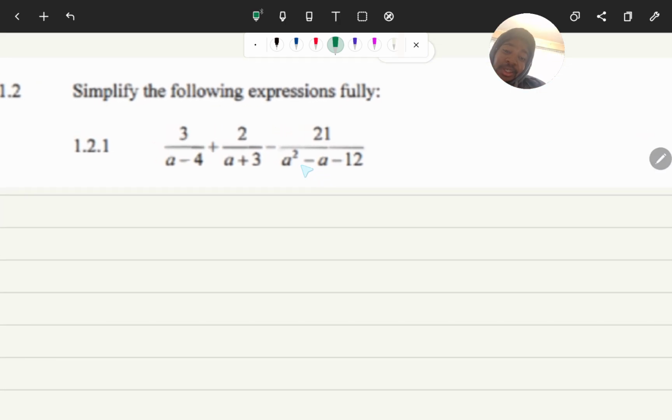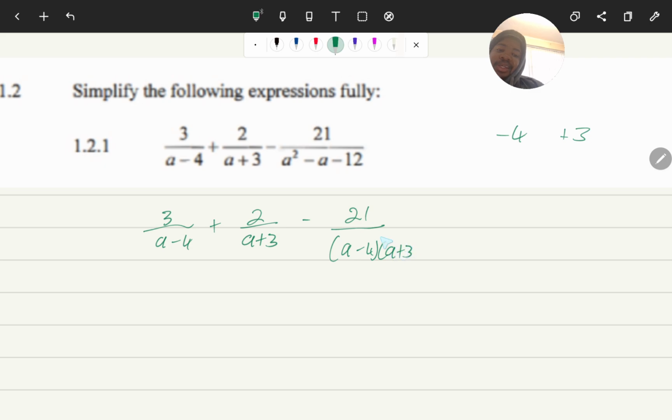Before, maybe I want to factorize this. I can, with the numbers for -4 and 3, right? +3. So I have 3 over a minus 4 plus 2 over a plus 3 minus 21 over, this is now my first bracket, a minus 4 into a plus 3, right?